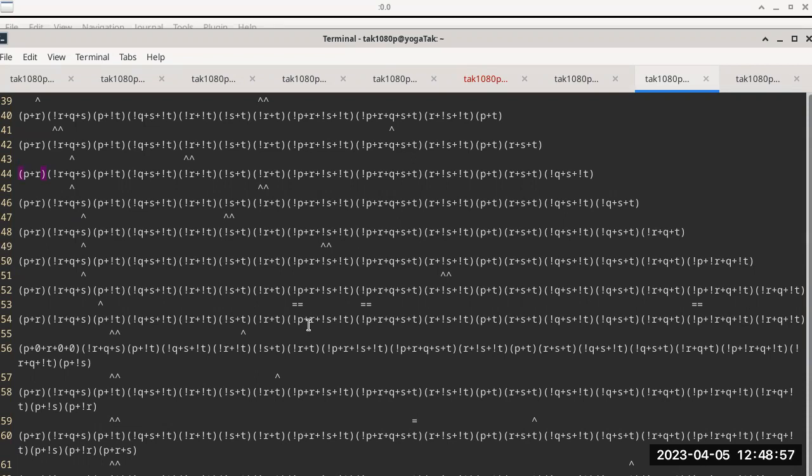I did not make a mistake because I switched the order between R and Q. Let me check. That doesn't make sense to me. I cannot resolve an R with a not R. Okay, I think I know what happened. At one point in time, I switched the R and the Q, the ordering between those two.